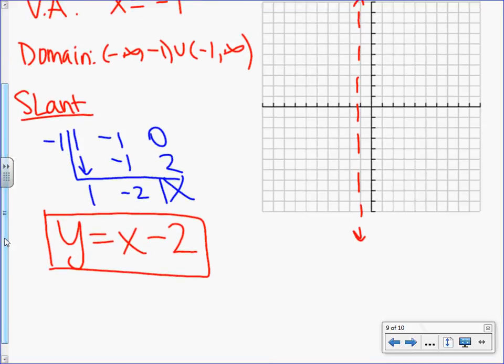Okay? So instead of a horizontal asymptote, we have this line. So how do we graph this line? Y equals x minus 2. We go to our y-intercept of -2, and we have a slope of 1.